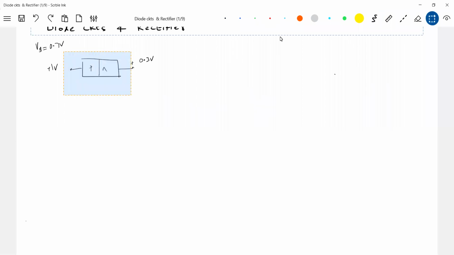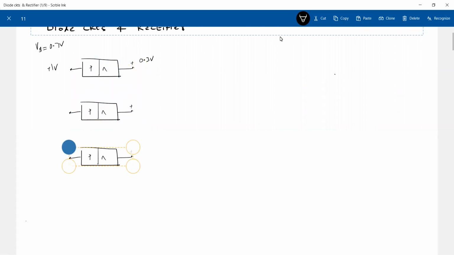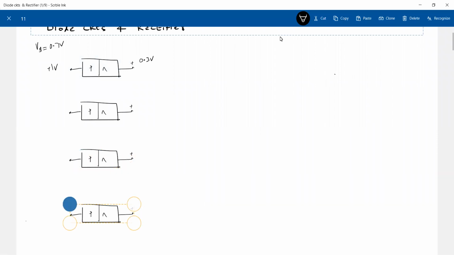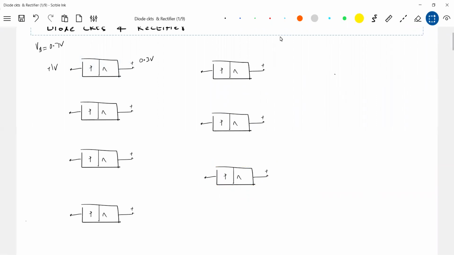Let me copy this because I'll give several cases. So shall I say this is forward bias or reverse bias? Definitely the answer is forward bias, because P is more positive than N by 0.2.